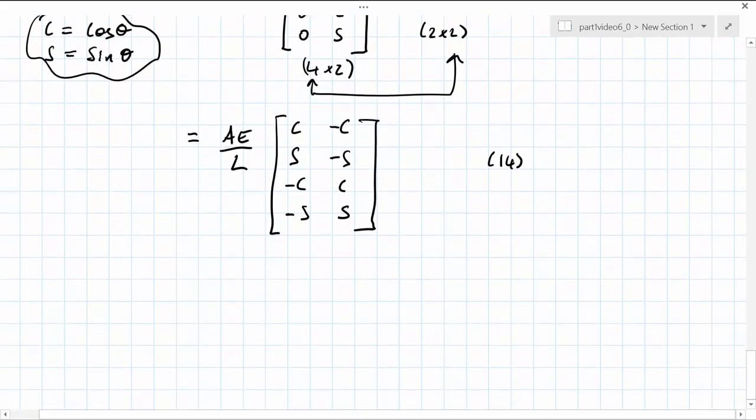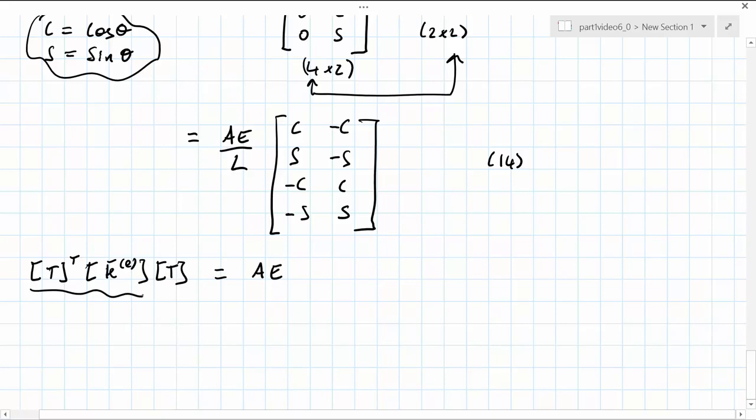Then the final step is to multiply this one more time by the transformation matrix. So we have T transpose K bar E times by T. We've already done the first part of this multiplication.